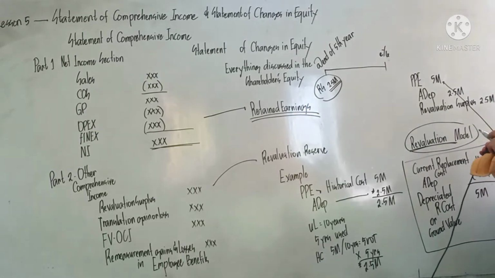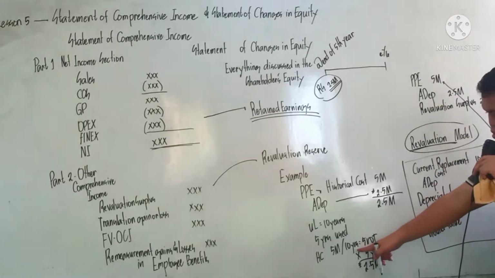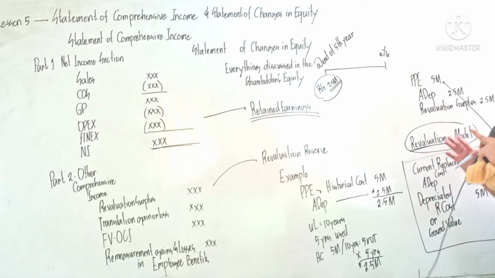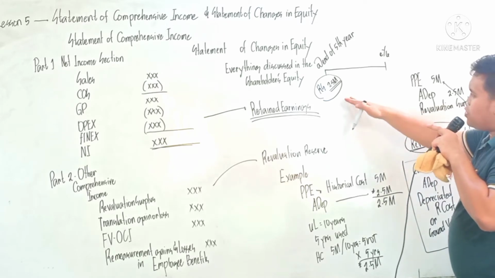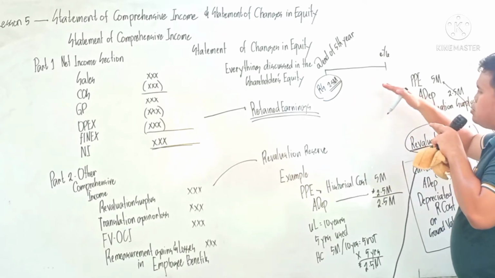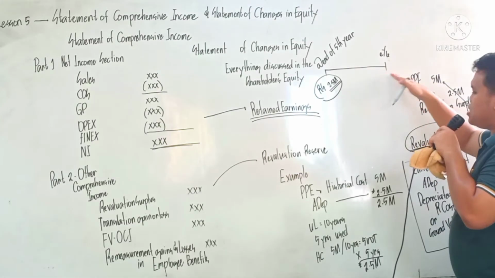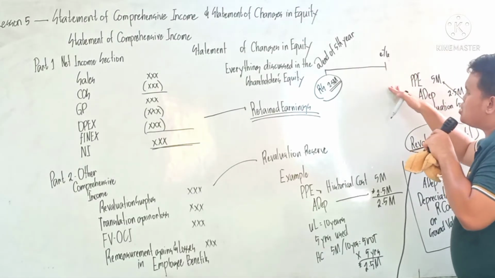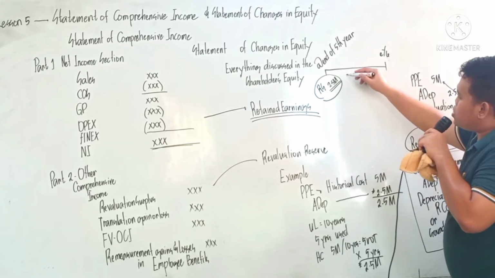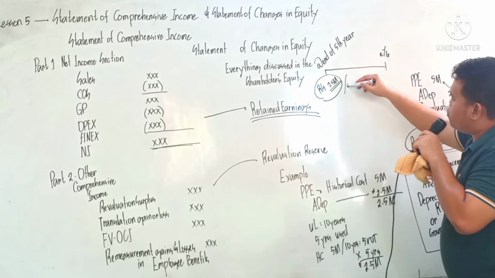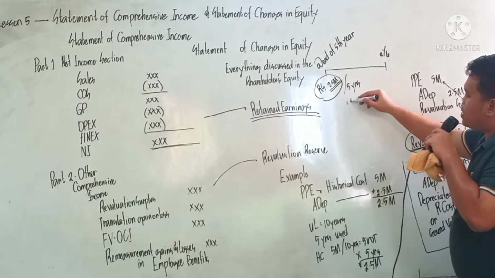How? How many years is the useful life? It's 10 years. It's 5 years used. So, the revaluation surplus of 2.5 million is little by little, will be decreased also as time passes by because there is still 5 years, so the revaluation surplus will diminish by means of 2.5 million over 5 years remaining, so that's 500,000.